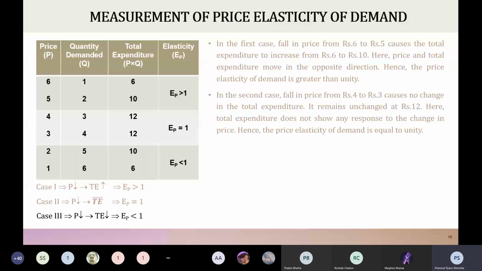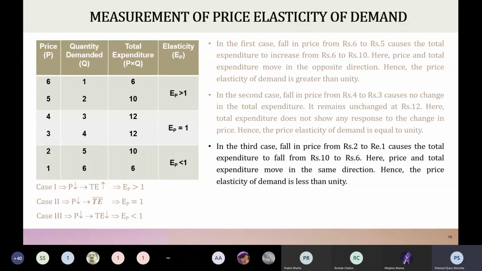And this portion can be explained like this. In the third case, the fall in price from rupees 2 to rupee 1 causes the total expenditure to fall from rupees 10 to 6. Here, both price and total expenditure move in the same direction. That's why it is the case of elasticity of demand less than 1.